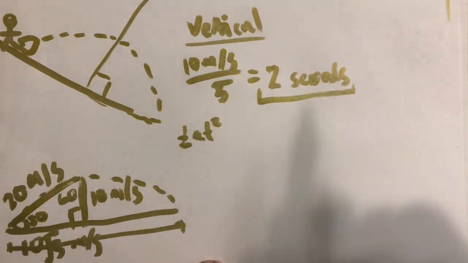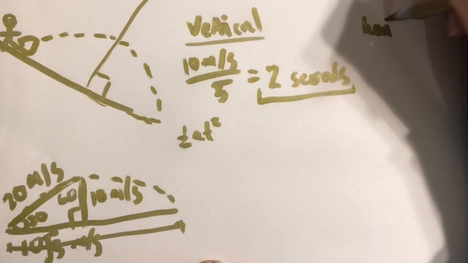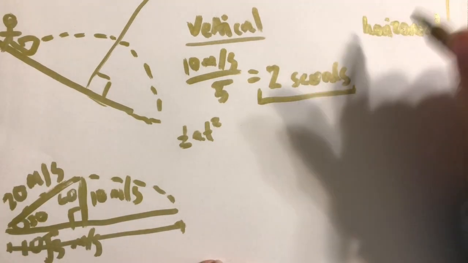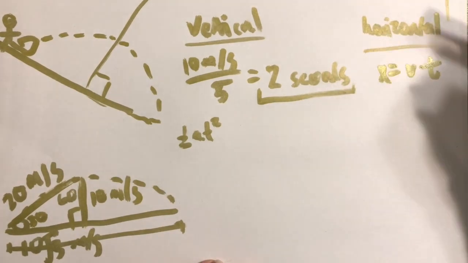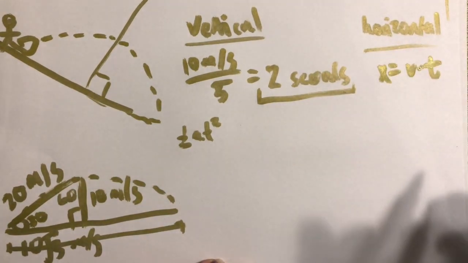Now that we have the total time in the air, we're going to look at our horizontal direction, which is given by the equation x equals v times t, because you got to keep them separated.